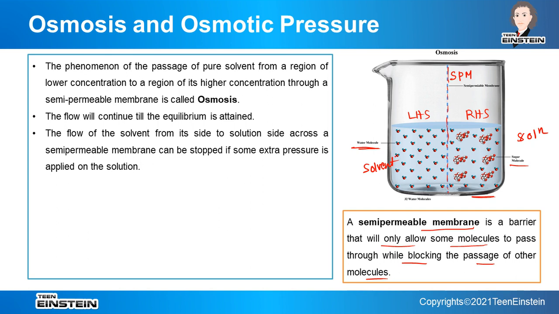then what will happen? Water molecules from this low concentration region will go towards the high concentration region. But the opposite case will not take place; sugar molecules cannot come from this side to this side. That is not possible. So only water can pass through the pores of the semi-permeable membrane from left hand side to right hand side.